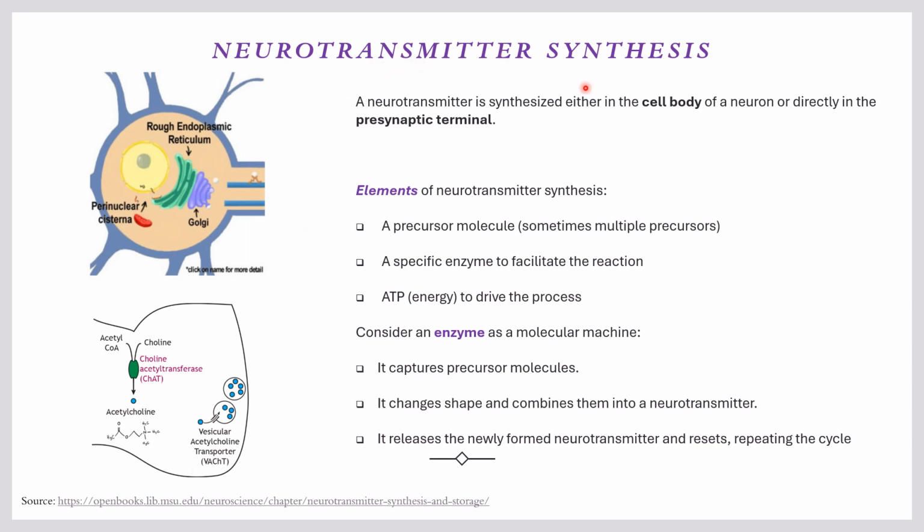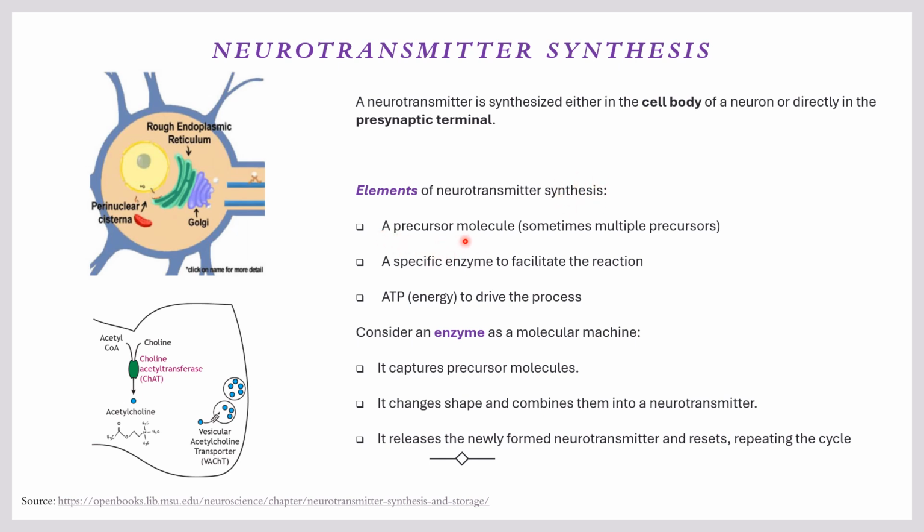Okay, so the neurotransmitter is synthesized, as I said, either in the cell body of a neuron or directly in the presynaptic terminals. We have some elements of neurotransmitter synthesis.